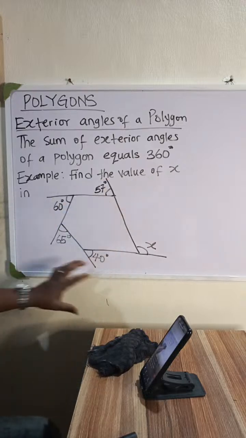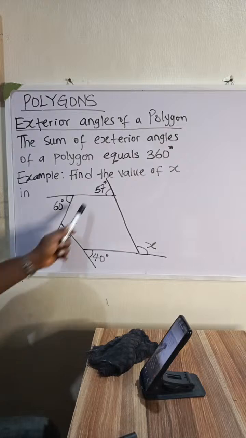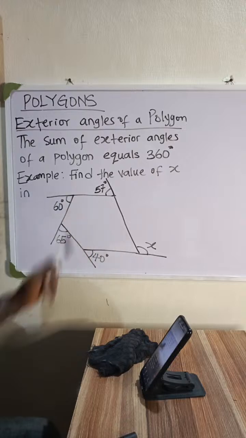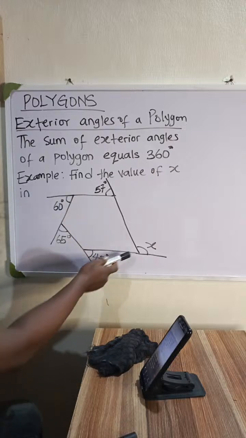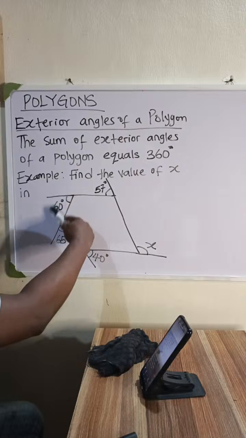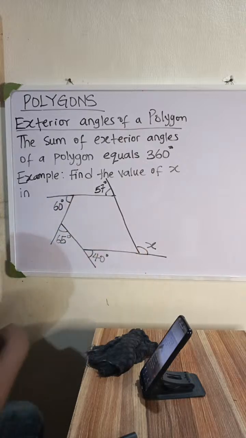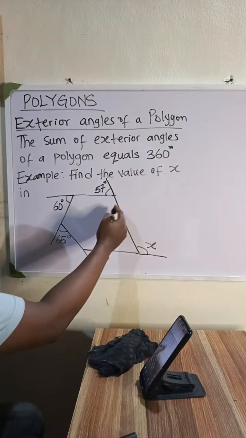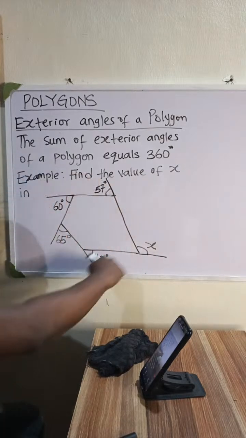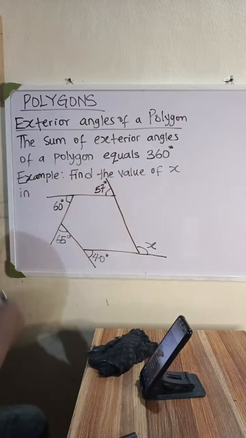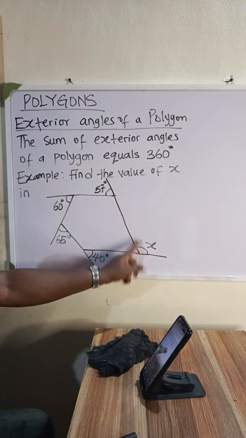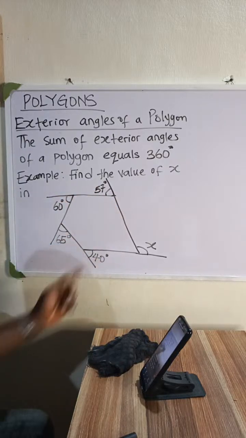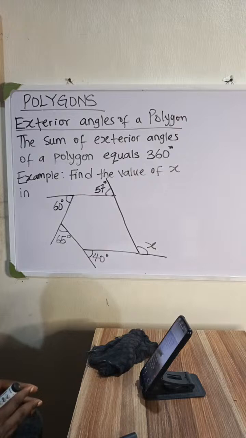This is a polygon because it has 1, 2, 3, 4, 5 sides and 5 angles. So you can see that the angles are following an anti-clockwise direction. So you cannot have one angle here and then you decide to make one angle here. They have to go in an anti-clockwise form. Okay, so if this angle is here, the next angle has to be here, the next angle has to be here, like this and like this. Okay, so we already know that.